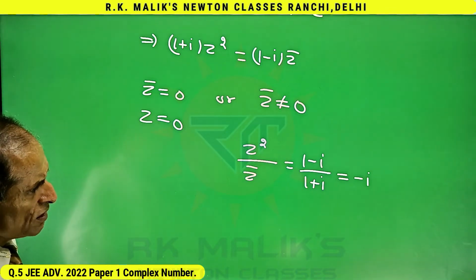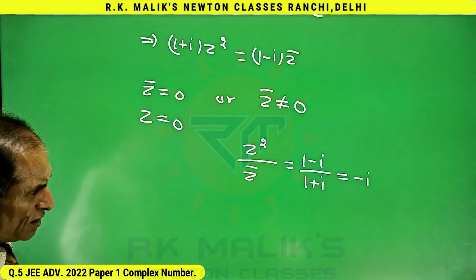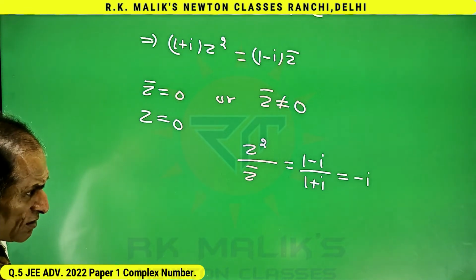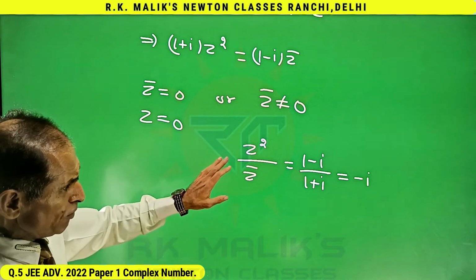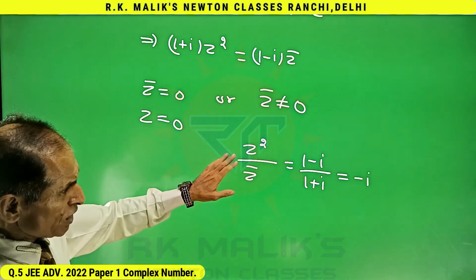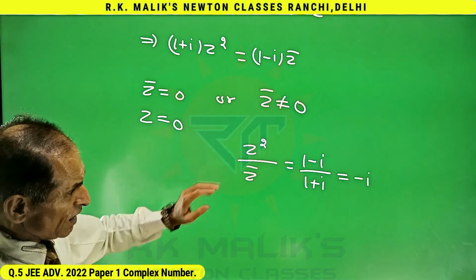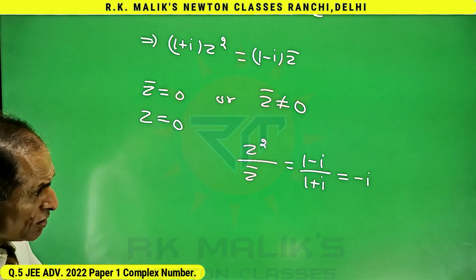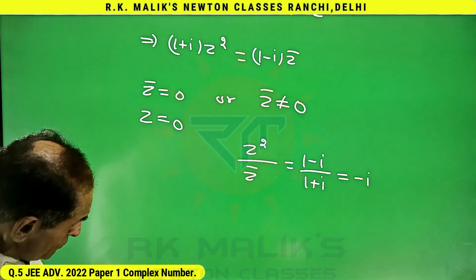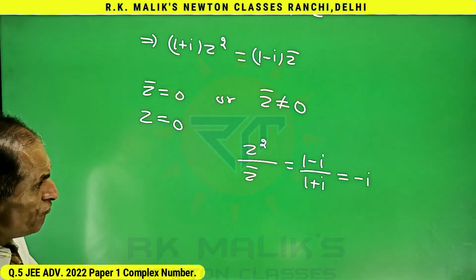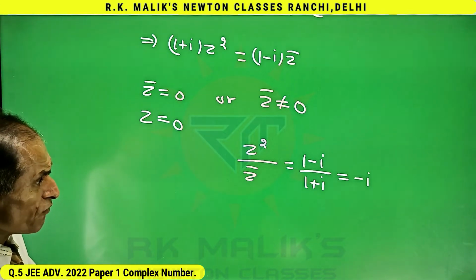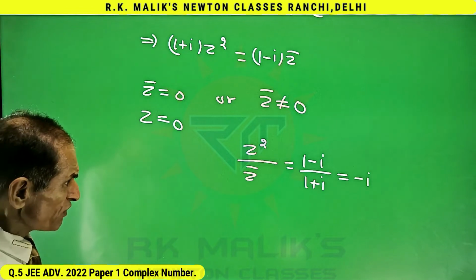And after this, there are so many ways of proceeding. One way of proceeding further is, if you are somehow able to find the modulus of z also and argument of z also, then you will be getting the value of z. And finding the value of modulus of z is not difficult.